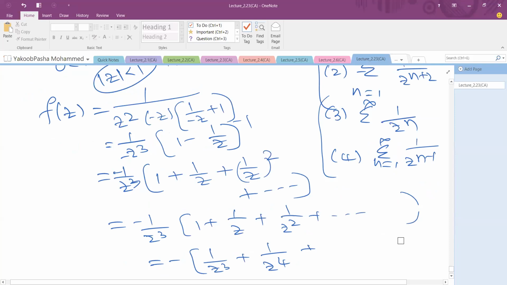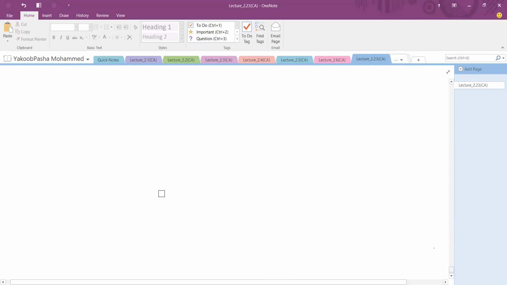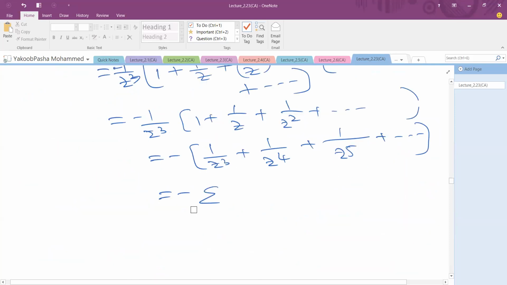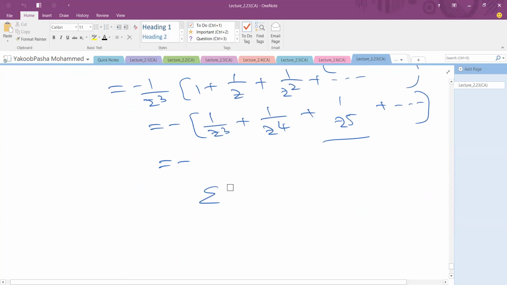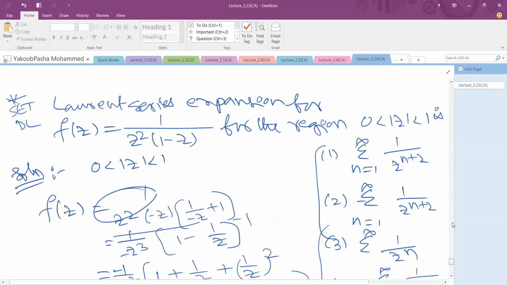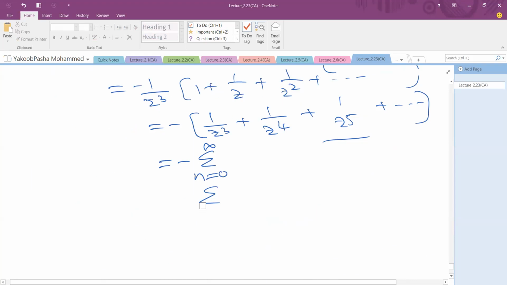This is equal to minus summation. Taking n equal to 1 to infinity. Here numerator is 1 for every term.